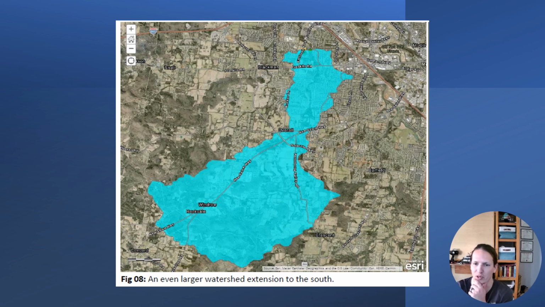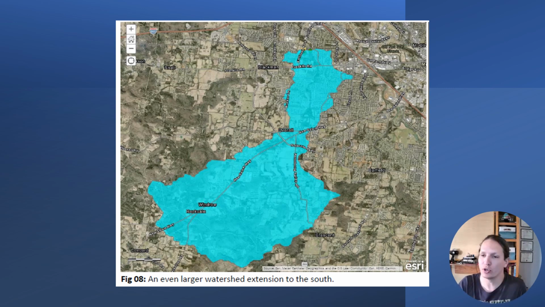Zoom out a little bit more, and now you see how large this whole thing is. Even point pollution from a tiny source can have much larger impacts on an area as a whole.